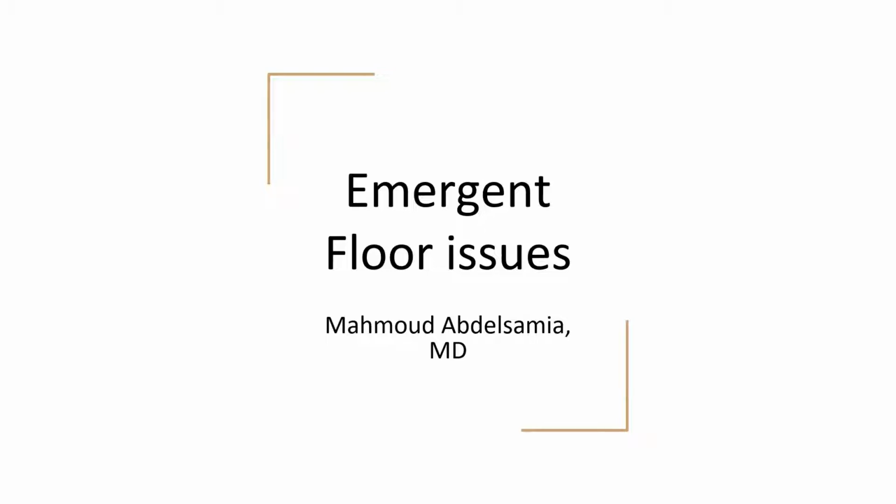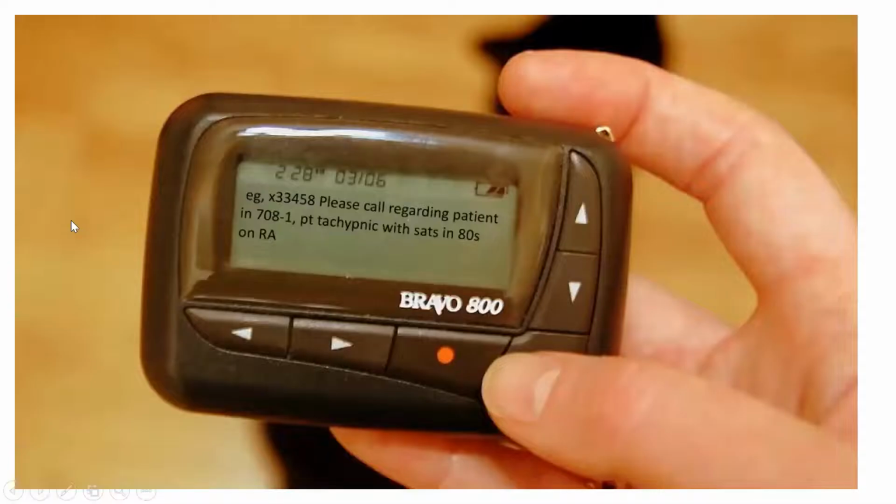Okay, so before we go on, let's say you are on call in the middle of the night, or you are on day call, and you get a page from the nurse saying that your patient is decompensating on the floor, and you don't know anything about this patient. You are just covering for the day or for the night.